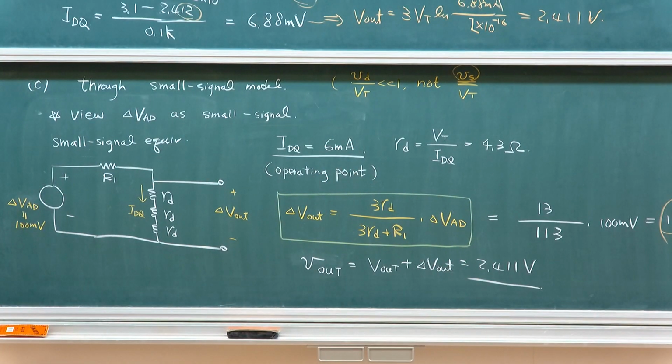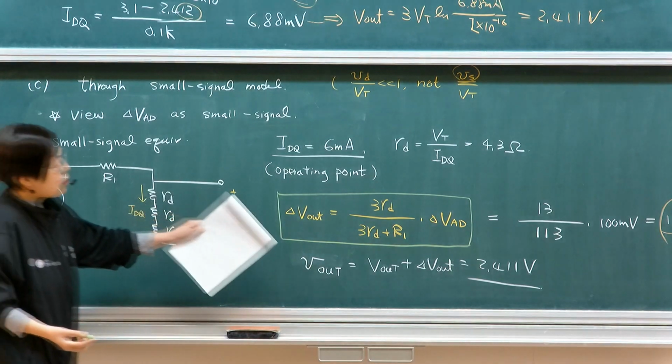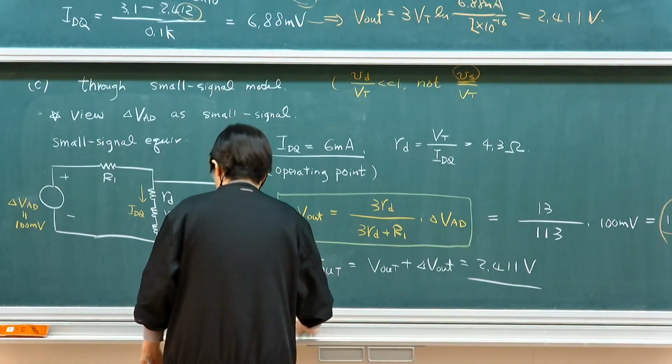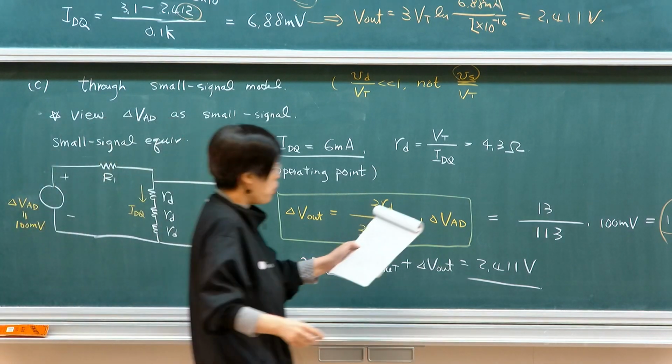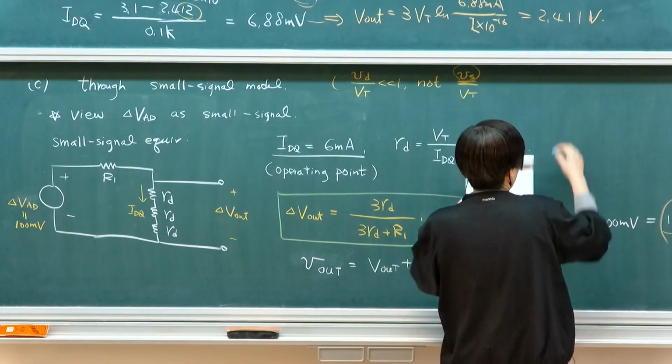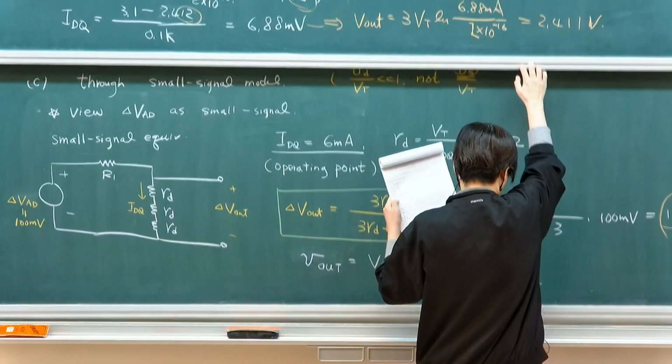If I'm not satisfied with the 11 millivolt changes, I want it to be even more stable, less than, say, 2% or 5% in variation. So this analysis allows us to get a very important key parameter.